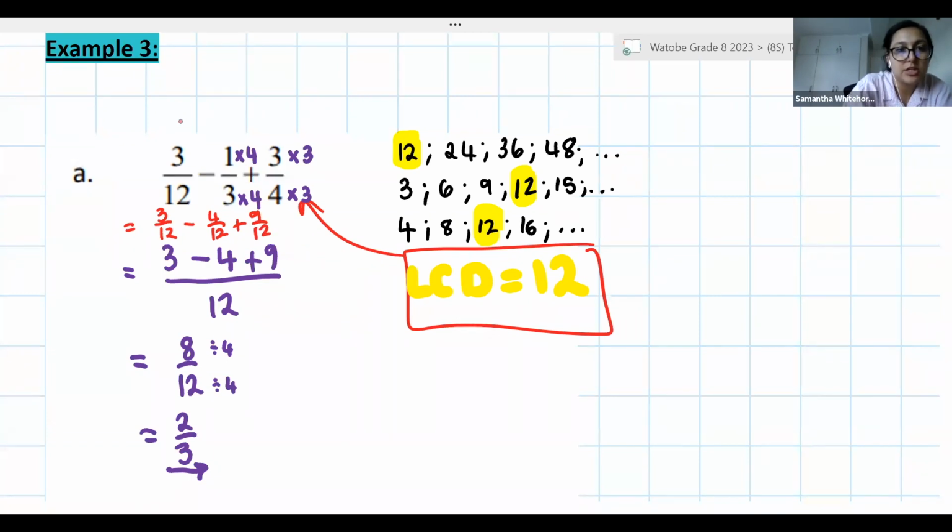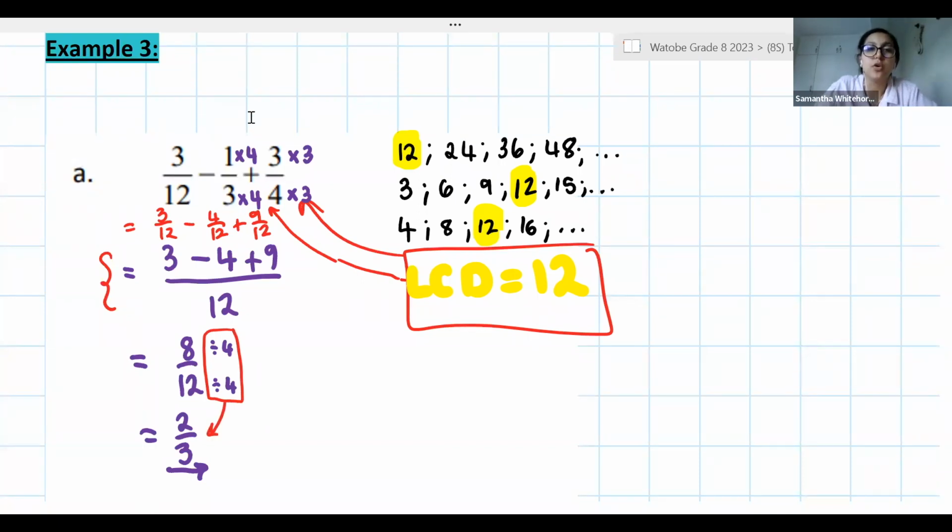That is essentially what happens when I change all of my denominators. But remember, that means I can write it all as one fraction. 3 minus 4 is negative 1. Negative 1 plus 9 is 8. But 8 over 12 has to be simplified. I can divide both of them by 4, and that gives me my simplified answer of 2 over 3.